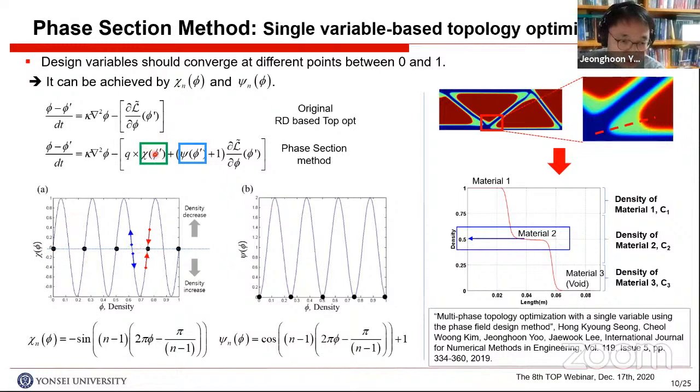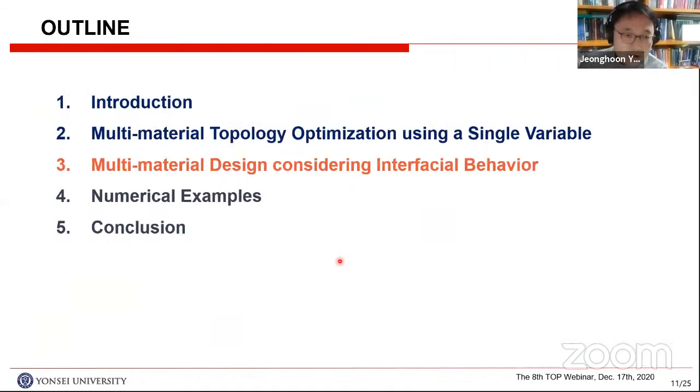This psi function just drives the design variable to the target values. The second function is used for the sensitivity analysis, because by applying these functions, the sensitivity value at the target value becomes 0. So it may be useful for increasing the stability during the sensitivity analysis.